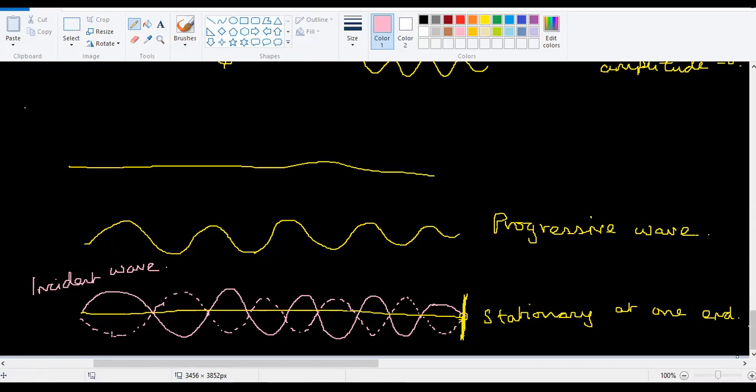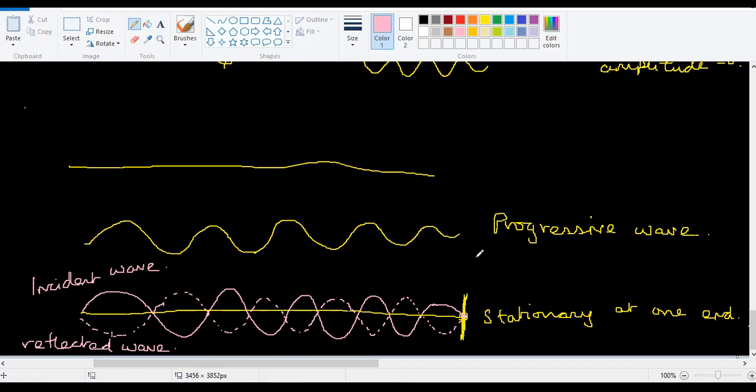The dotted line I would call the reflected wave. So what's happening? The same rope. Earlier we had only a progressive wave. Now the progressive wave is going this way, and the reflected wave is also coming in the same rope. This is why you see the loops. In the earlier case, you would not see any loops. You will just see the rope going up and down. Whereas in this case, if you keep one point stationary, then you will see the loops. And this is what we call standing waves or stationary waves.